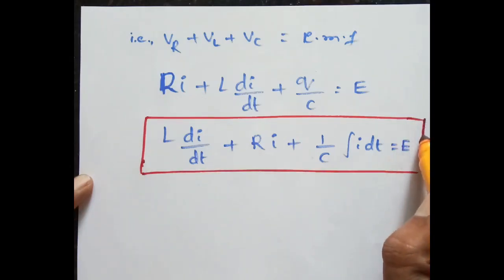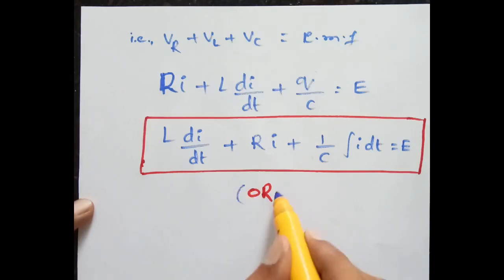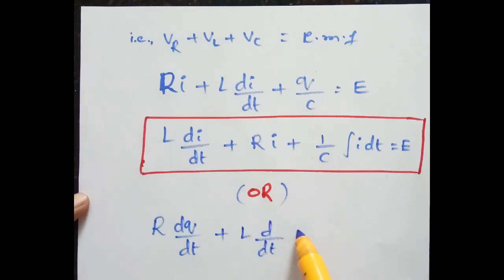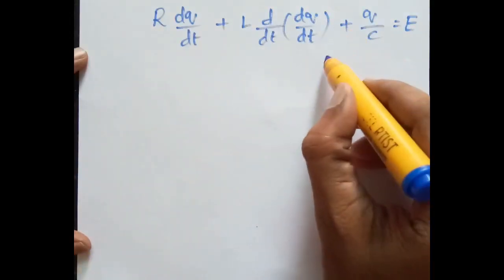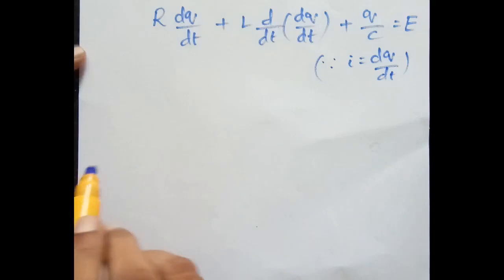Or this can also be written as L into d by dt of I, which is dq by dt, plus R into dq by dt plus q by C is equal to E, since I is equal to dq by dt.